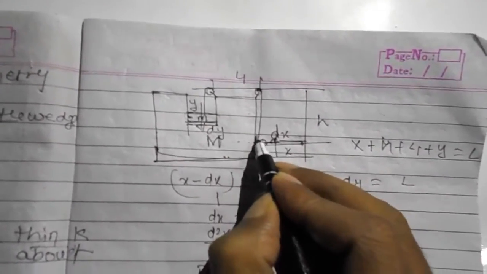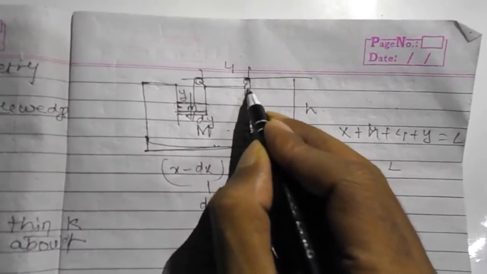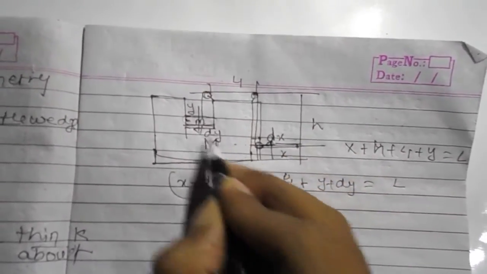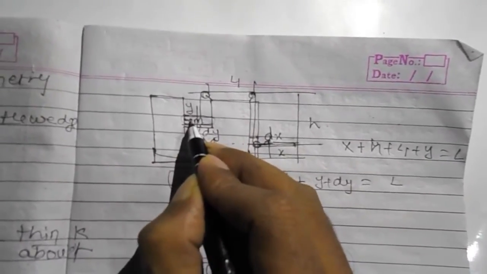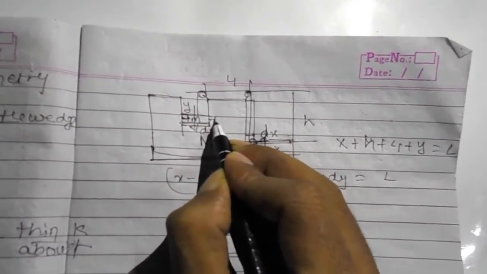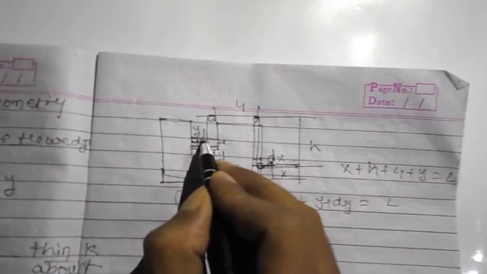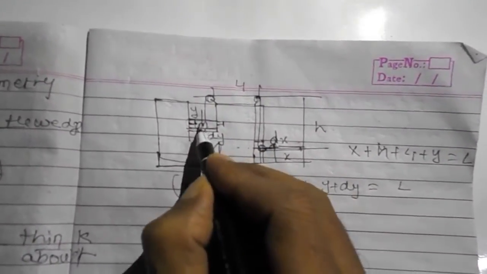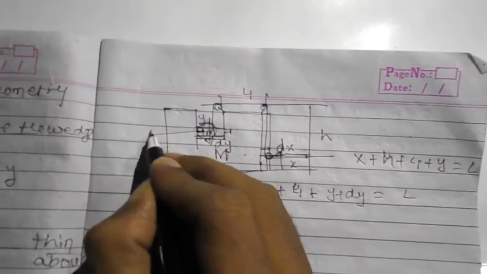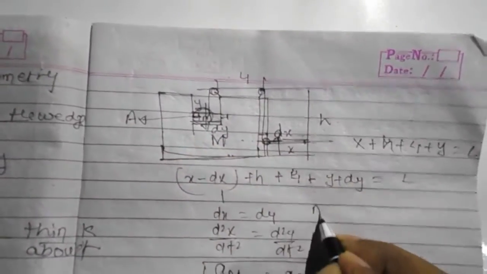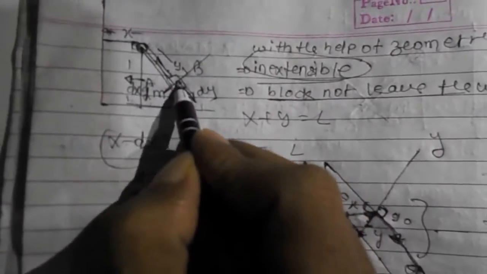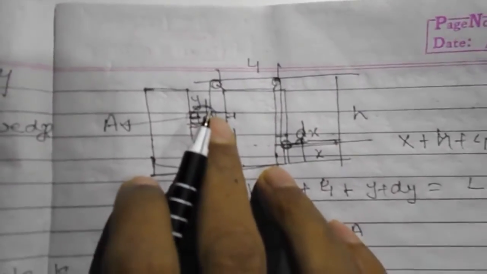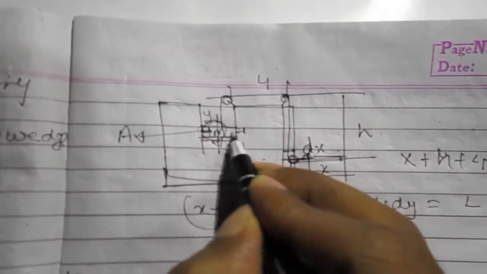After some time this will travel by amount dx, so this point will reach somewhere here. Let me give the smaller block m the name A. This block A has acceleration in two directions, along this or along this. In the same manner, the acceleration of the other block is also in two directions, along this and along this.